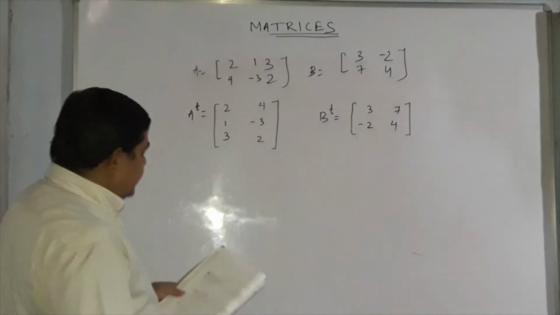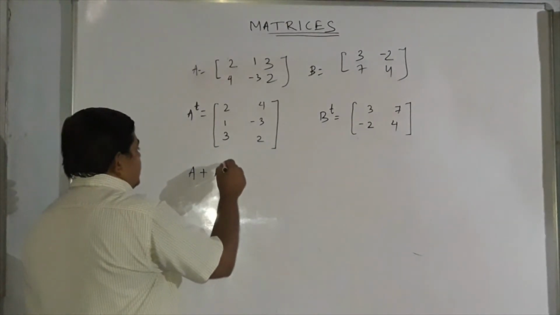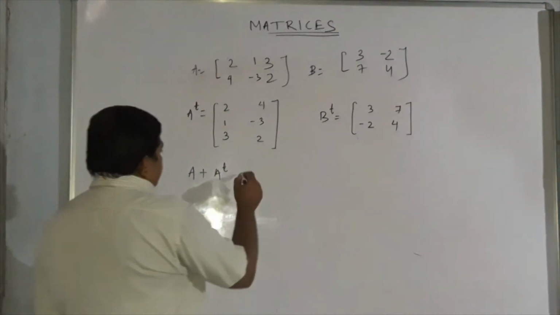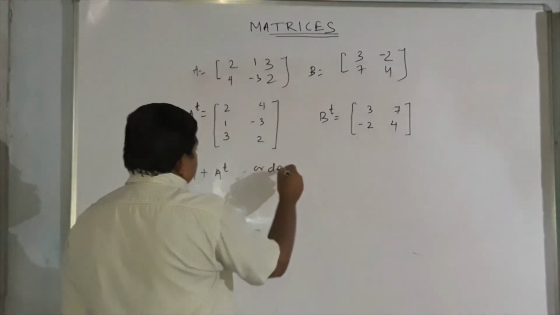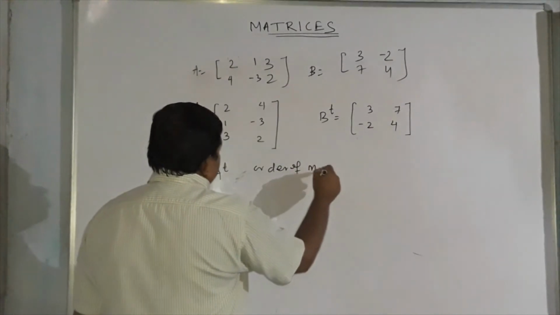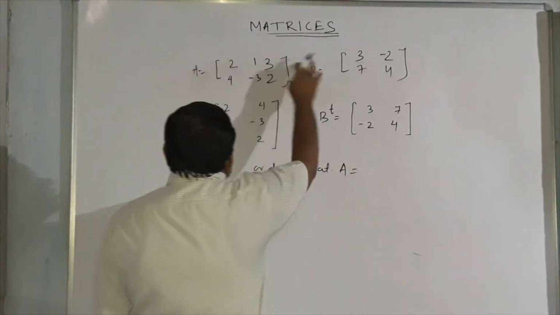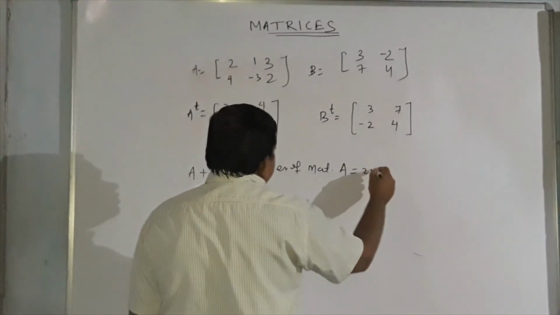If possible, find A plus AT. If not possible, you don't write. Now write the order of matrix A: 2 rows, how many columns? 3 columns, so 2 by 3.